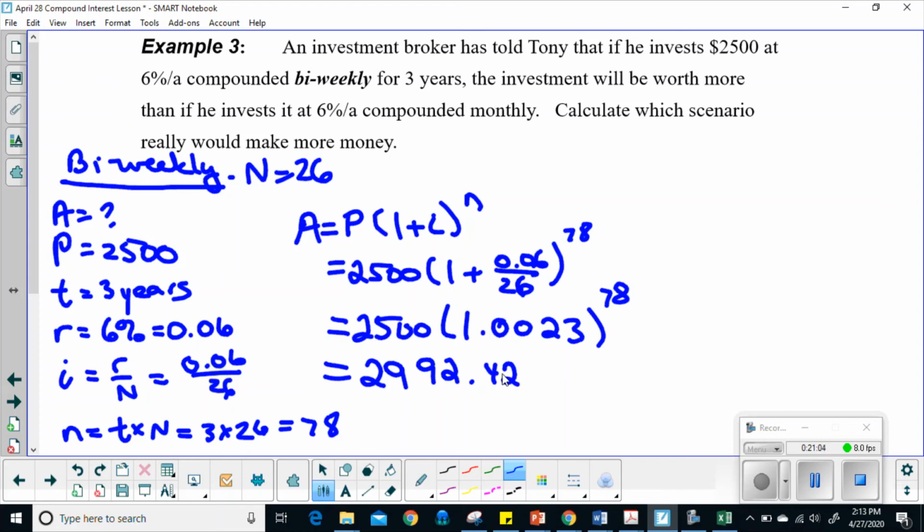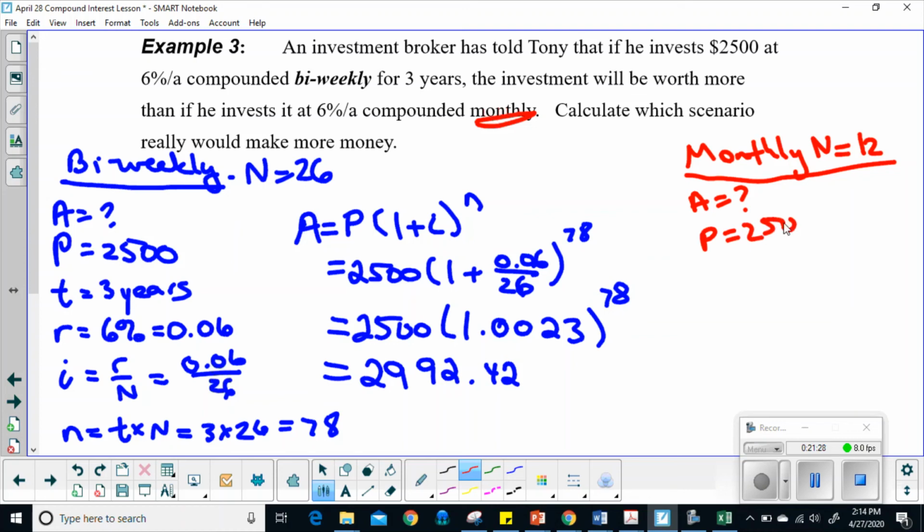So now let's calculate what's going to happen with monthly. Pretty much everything's going to still be the same. So my monthly equation: my big N is now going to be 12 because it happens 12 times a year. I'm still looking for final amount. My starting principal is still 2,500.